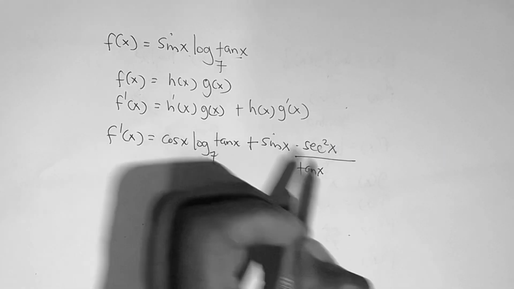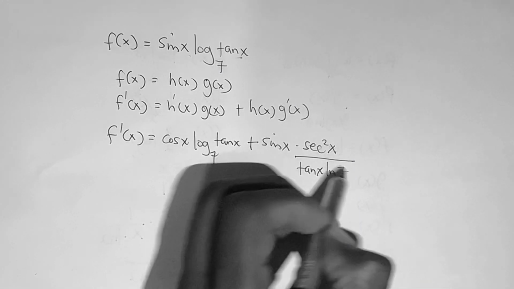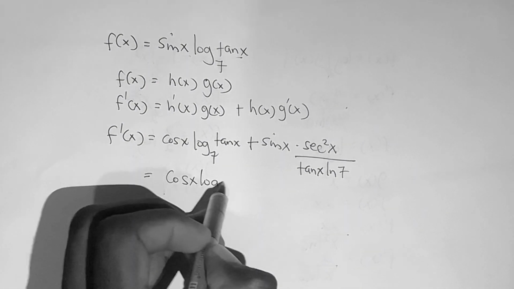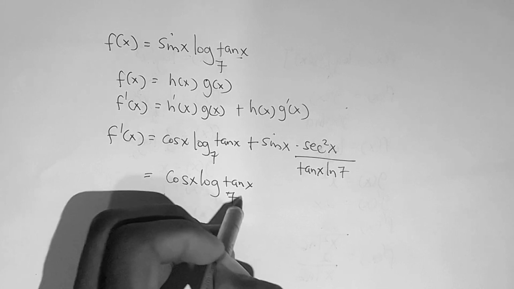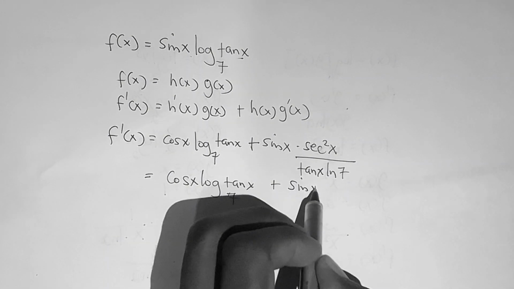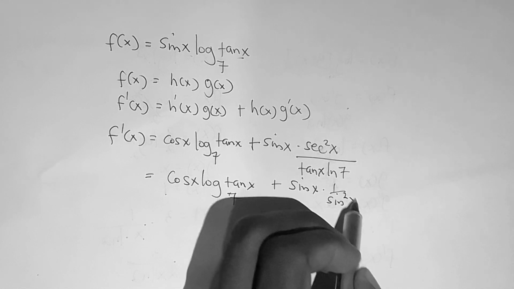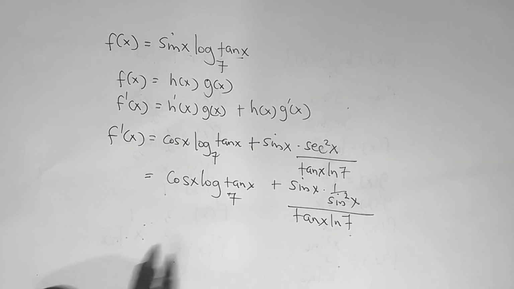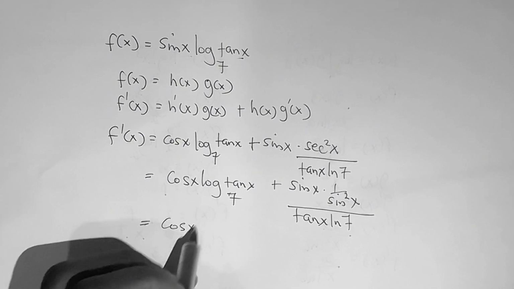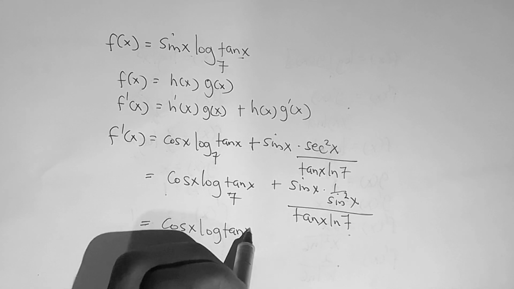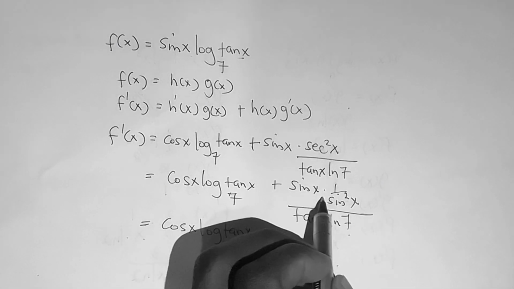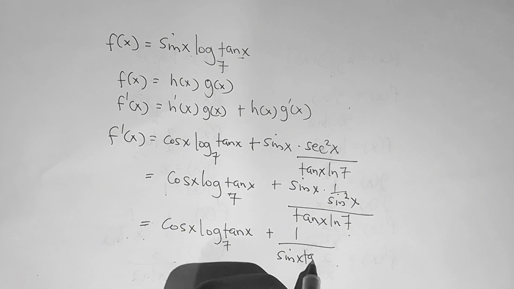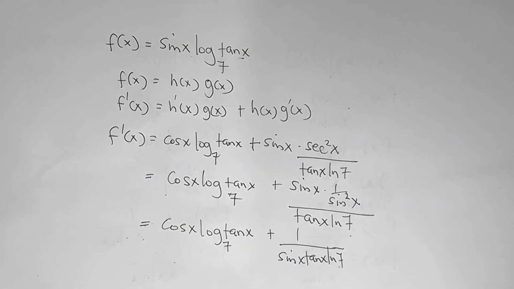Then you compensate it with the natural log of the base, which is 7. So this is equal to cos x log tan x base 7. Then plus comes now sine x times 1 over sine squared x divided by tan x ln 7. So this is equal to cos x log tan x base 7 plus, now one of this will cancel out, it becomes 1 over sine x tan x ln 7. So this is the final answer.